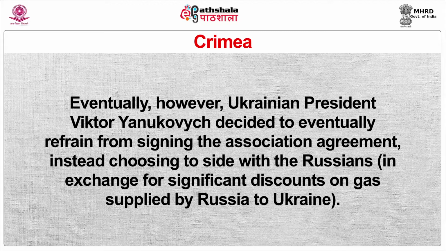Eventually, however, Ukrainian President Viktor Yanukovych decided to refrain from signing the association agreement, instead choosing to side with the Russians, of course in exchange for significant discounts on gas supplied by Russia to Ukraine.